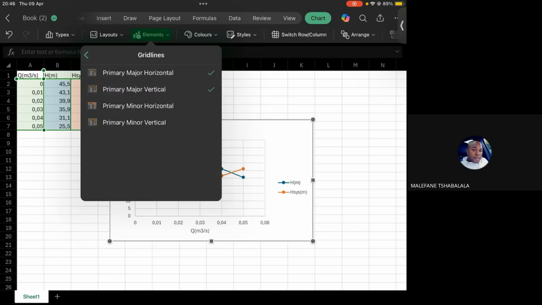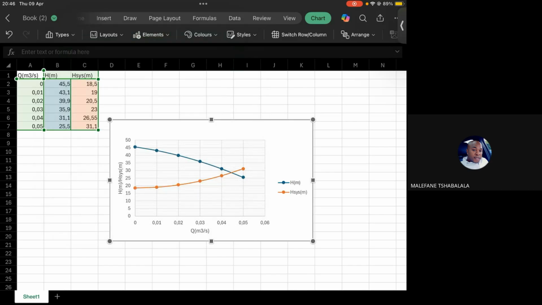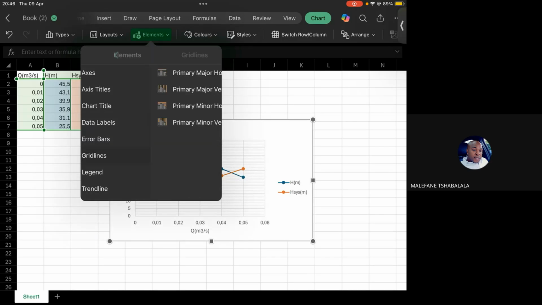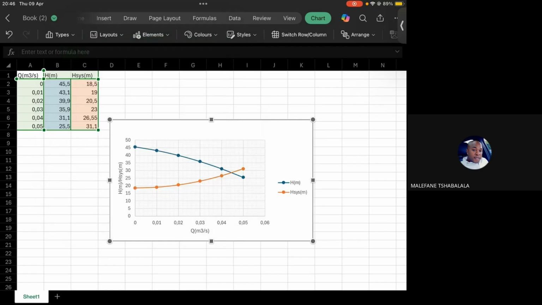Under grid lines, we'll select both the primary minor and the vertical minor grid lines. And then we are done with our graph.